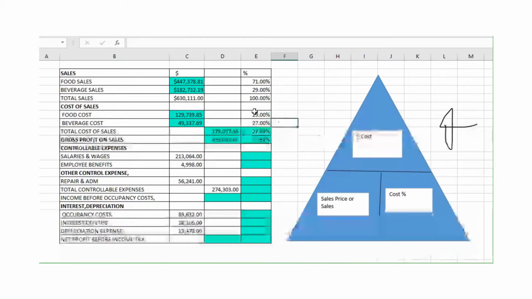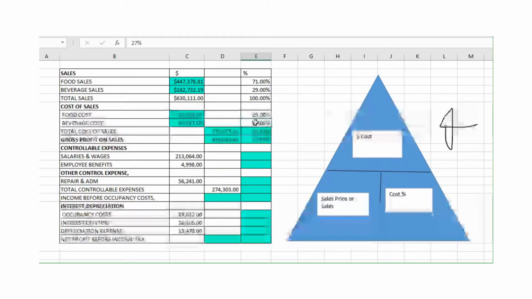We'd be able to compare our food cost percentage and our beverage cost percentage to those of previous periods, or even our standard costs, to see if we've improved on our efficiency. So whether or not we are wasting less food or beverage, or we're in fact wasting more. That would be categorized by having a higher cost percentage than a previous period.